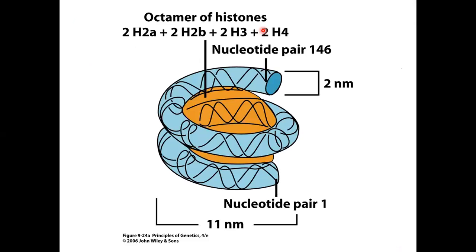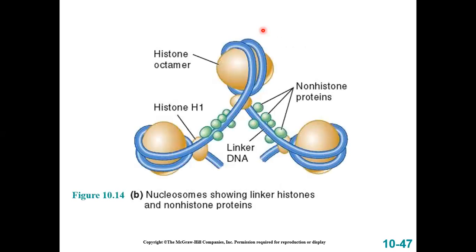As you can see in this diagram, the central part is the octamer, and 146 base pairs are wrapped around this octamer protein. Here you can see the H1 histone protein clipping the DNA bound on the histone protein.